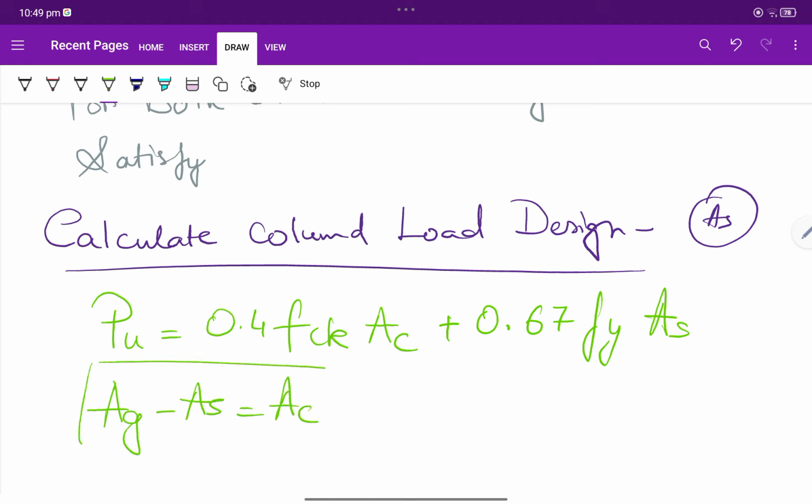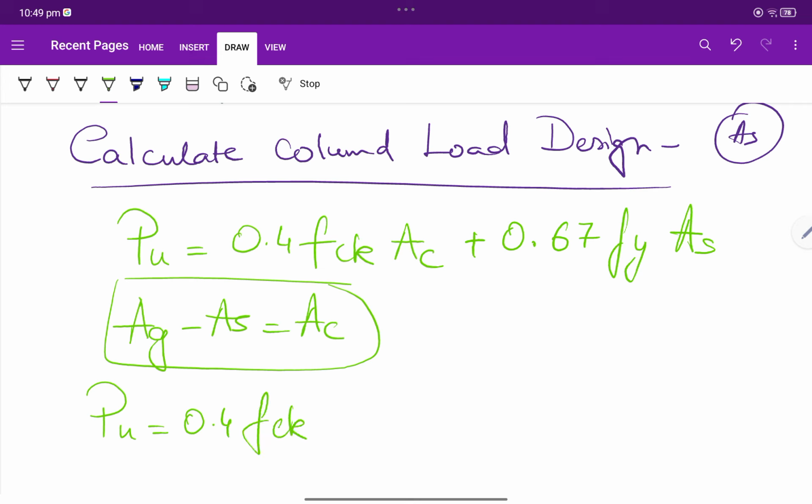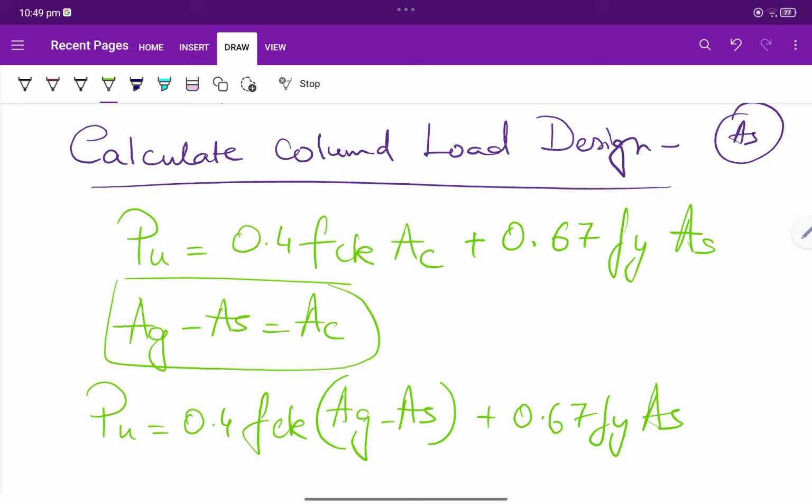Okay, so previously we have seen it, so we will now put it in the formula. PU is equal to 0.4 FCK (AG minus AS) plus 0.67 FY AS. So AG is equal to B into D. So here B is 550 into D is 400.